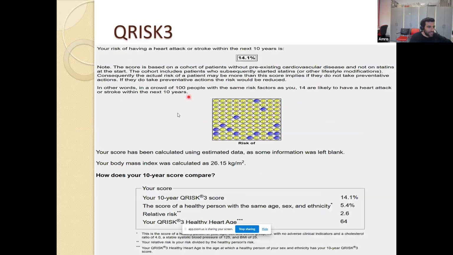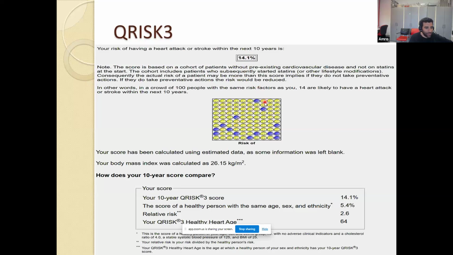I put it in, and it told me that for the 55-year-old patient that I saw who had some family history, was slightly overweight, had slightly raised blood pressure, and didn't really want to go on a statin, I worked out they had a 14.1% chance of developing a heart attack or a stroke in the next 10 years.